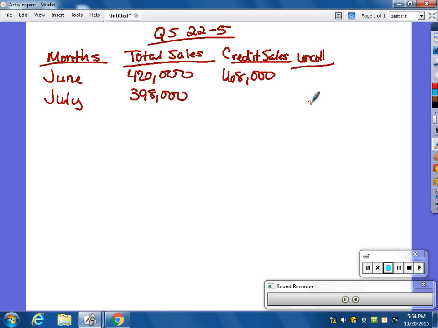And for July, the total credit sales is 398,000. 40% of that is 159,200. For the month of July, 20% of the credit sales is gonna be paid in July, which added up to $31,840.